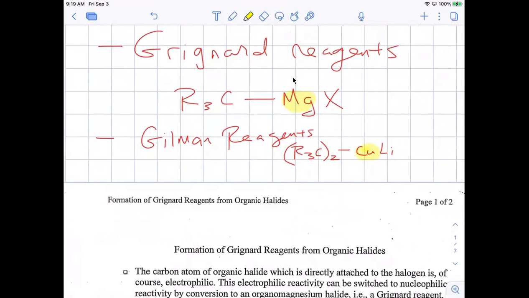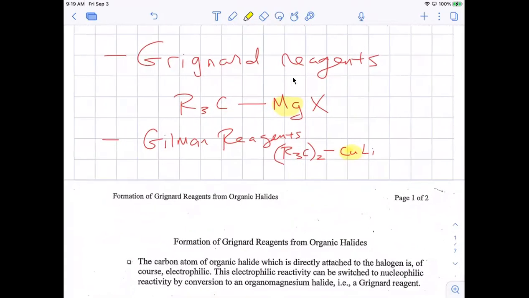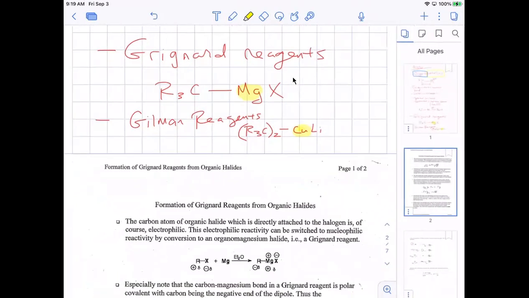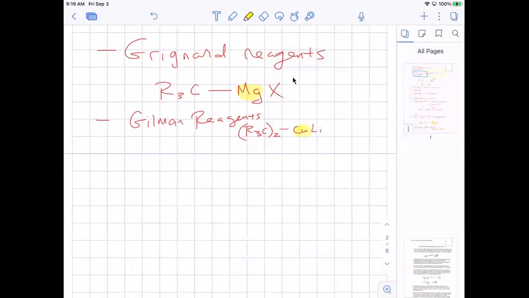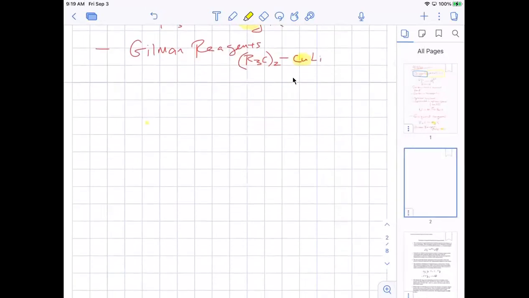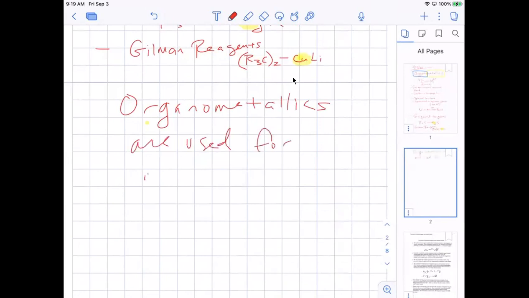All right, and we're going to talk about how to use them. One of the main uses for these is what we call coupling reactions, where you form carbon-carbon bonds.